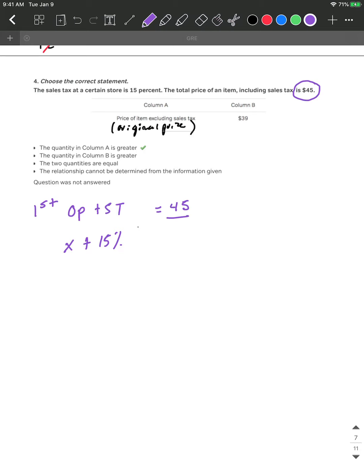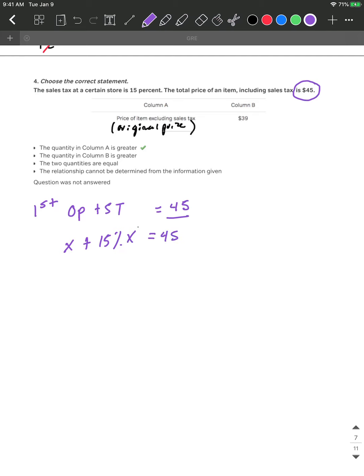Where I'm living, the sales tax is, I don't know, back in Texas it was like 7 something, so it'd be 0.07 or whatever sales tax you're paying. So this 15% has to apply to the original price of the item, so we can add another X to say that this is from the original. These are what combine to give us my $45.